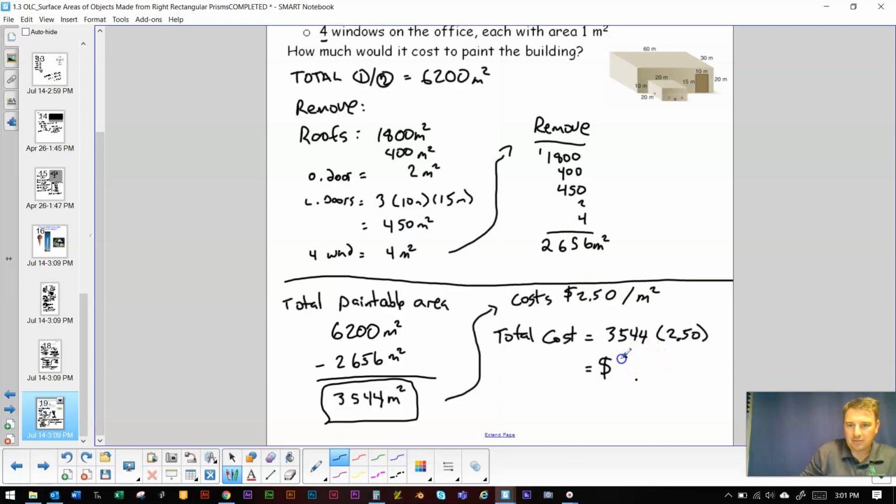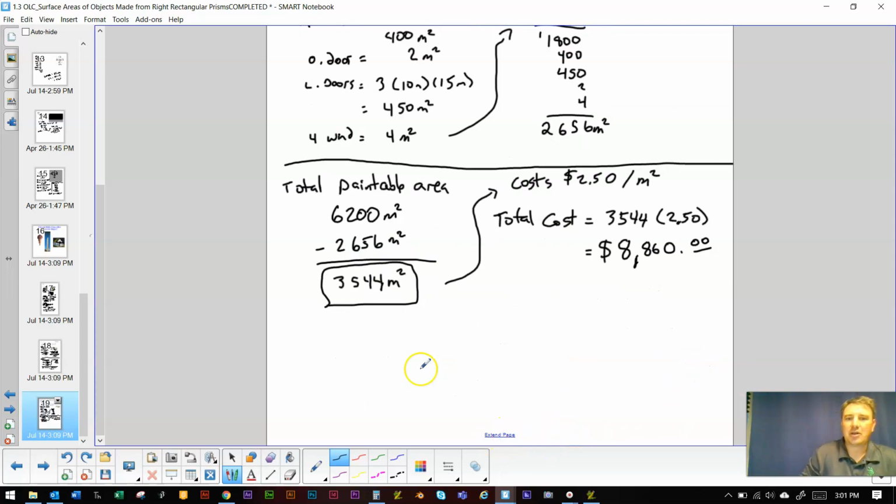So 8, comma there, $860.00. And it's always a good idea to put a final sentence in. It will cost $8,860.00 to paint the buildings.